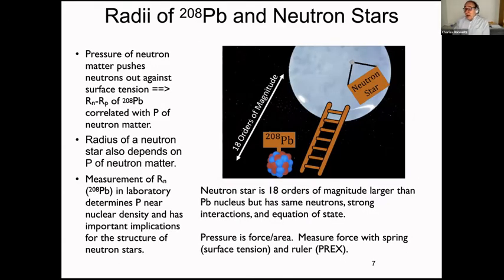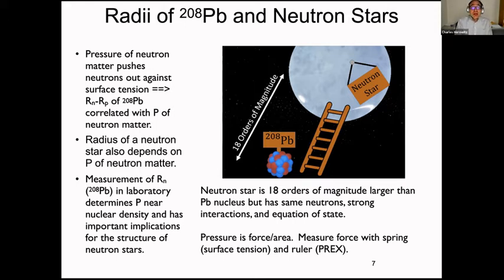Great. So we want to compare the results for lead to neutron stars. A neutron star is 18 orders of magnitude larger than lead, but it's the same neutrons, the same strong interactions, and the same equation of state, pressure as a function of density.